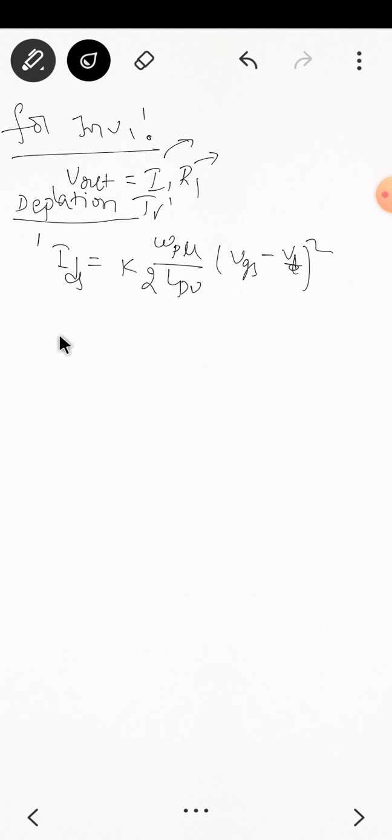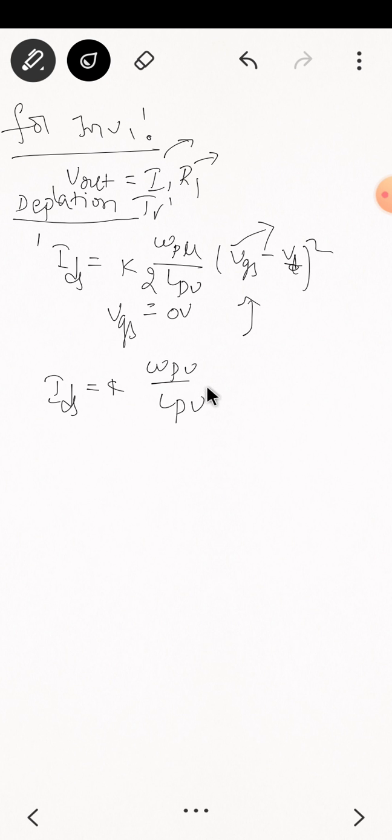Okay. Then in this case, input voltage for the depletion mode transistor VGS is equal to 0 volts. I am substituting VGS equal to 0 in the above equation. What will happen? IDS is equal to K into (W_PU by L_PU) into (0 minus VT) whole square by 2.